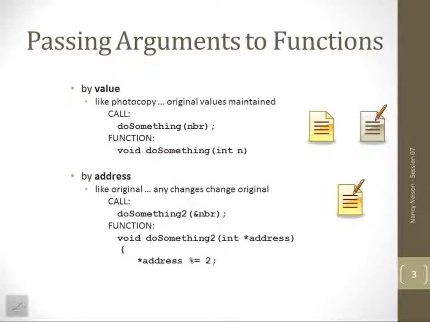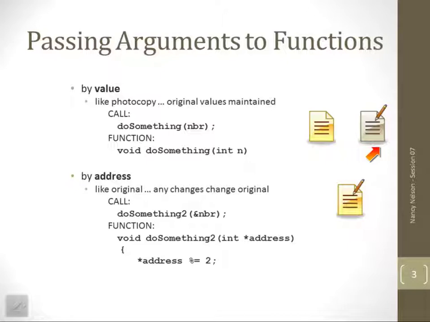Where pointers are going to be particularly useful to us is when we want to pass arguments into a function. So far, all the passing that we have done has been by value. That means if this is our original data here, the yellow one, and we pass it to a function by value, we're actually giving them a copy or another version of that value.